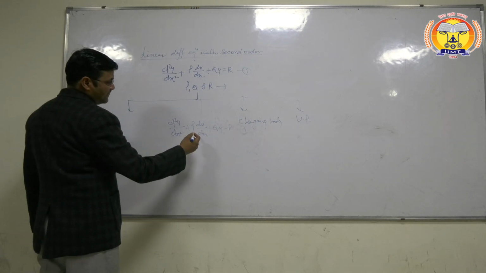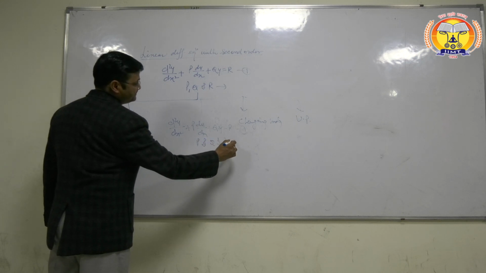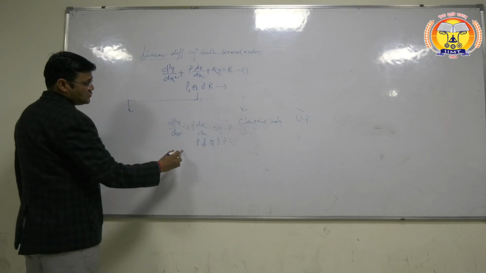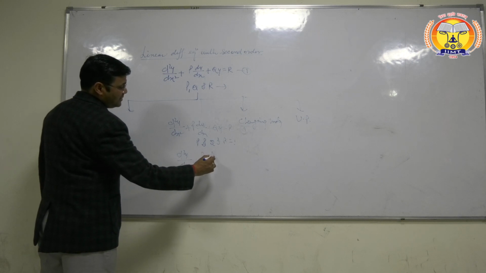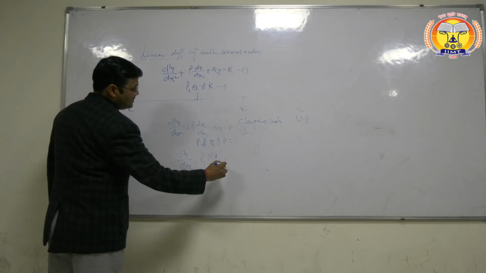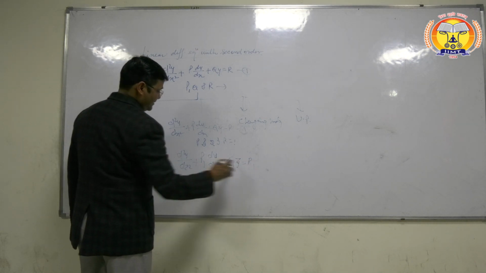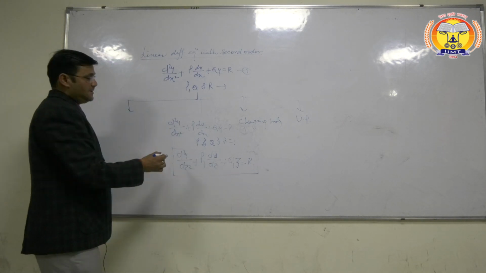We compare equation 1 for p, q and r. The changed equation is d²y/dz² + p1 dy/dz + q1 y = r1. So this is the condition of changing of independent variable.